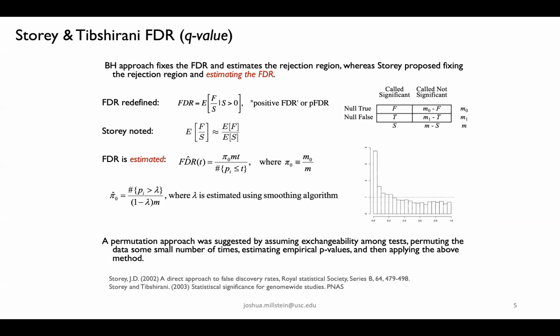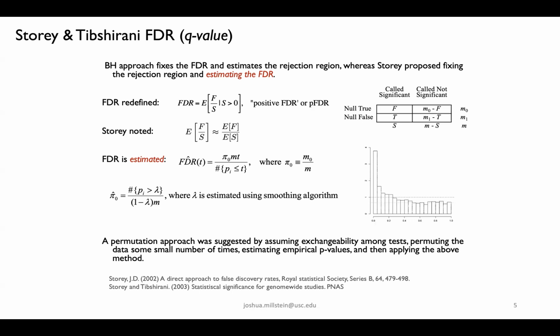Storey, in the early 2000s, turned things around, introduced the q-value, and introduced a way of estimating FDR that was slightly different from the BH approach and slightly more powerful under some conditions, and substantially more powerful under other conditions.